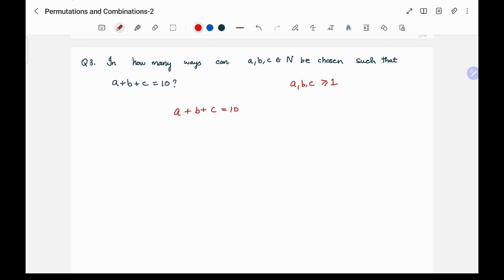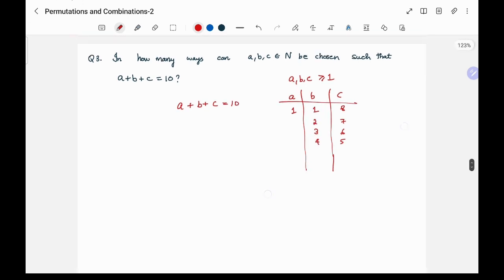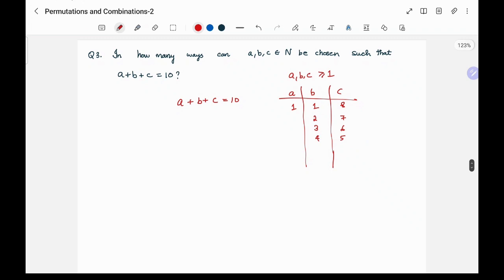So what I can do is put a table and say A equals 1. Then I can vary between B and C. So B is 1, C will become 8. Then B is 2, C 7, 3, 6, 4, 5. Right? This way I will build a long table. But this can be converted into a simple method.